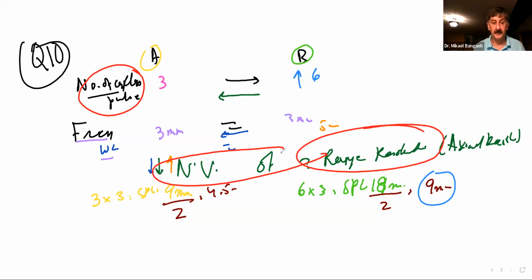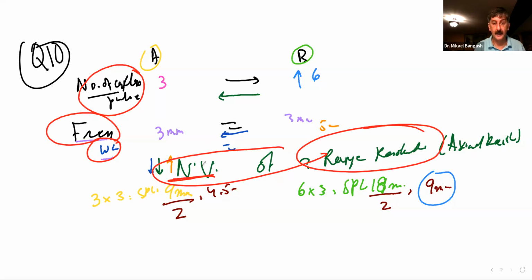Please keep in mind here, they put the words numerical value in the question. What is the relationship of, let's say, the wavelength or frequency to the numerical value of your range resolution? Clear?